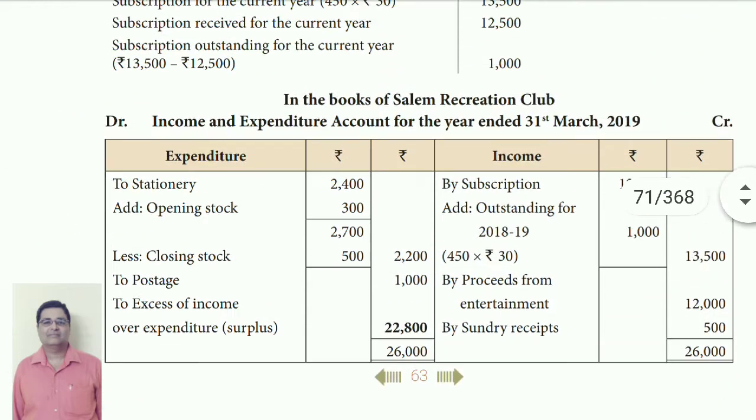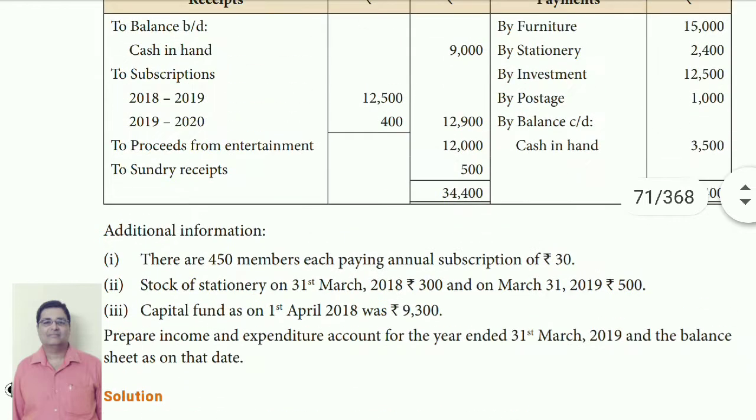Now see the question once again. Stock of stationery 31st March 2018 is 300 and 31st March 2019 is 500. So opening stock of stationery is 300 and closing stock of stationery is 500.